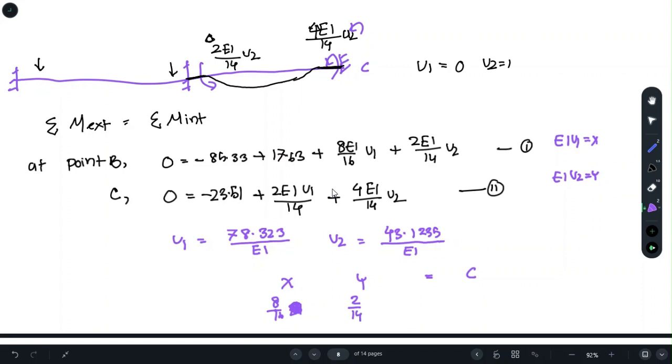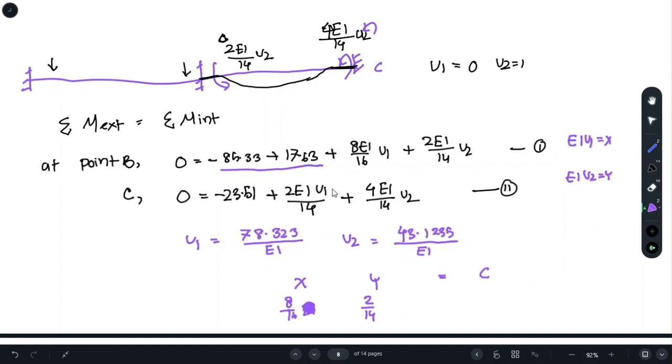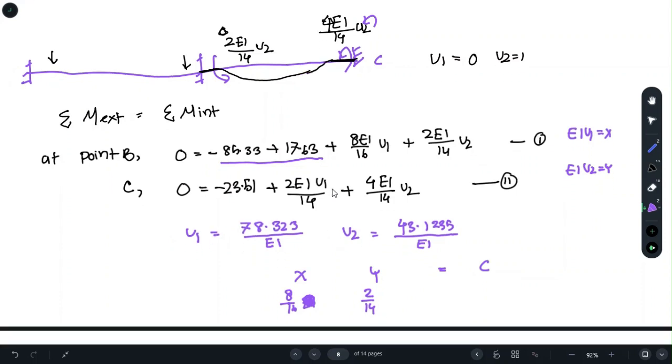And for the constant part, you have this part. For the second equation, you have 2 over 14 and 4 over 14, and you have this constant here.